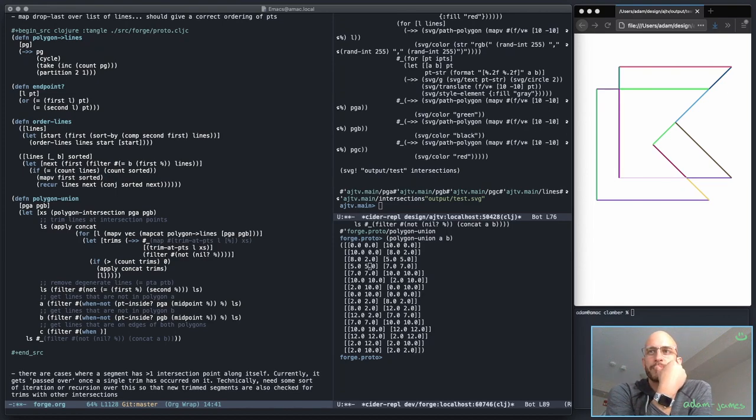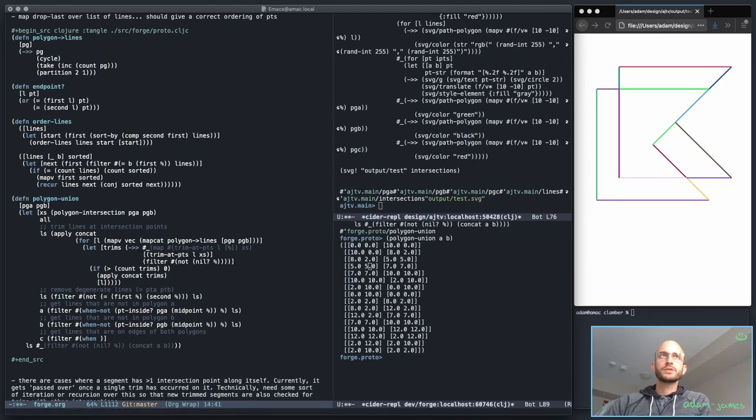Okay, so I need to generate right, so I just need a list of points, which would actually just be all points is just concat PGA PGB. So that's there ready for this.